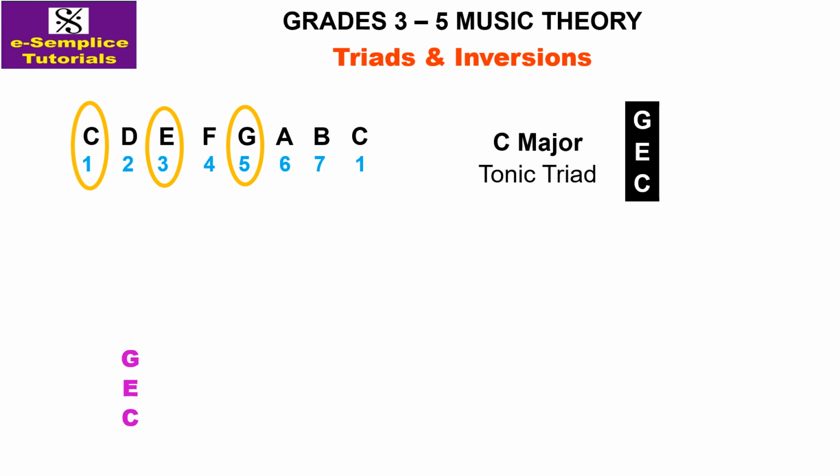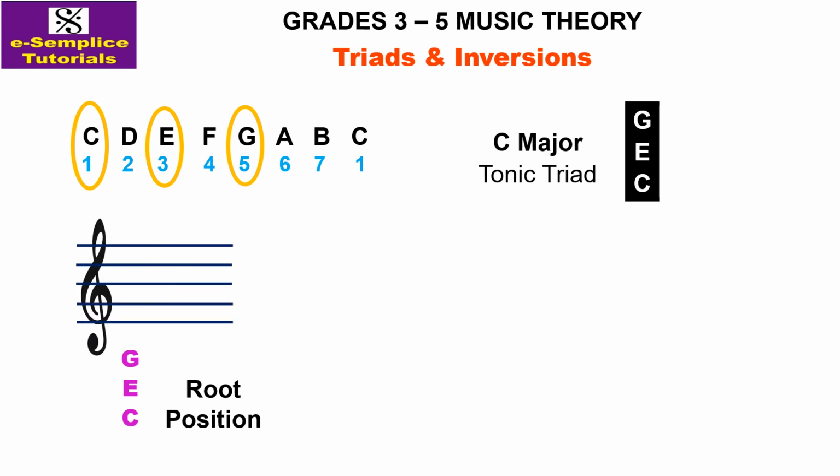Now, C, E, G, when it is that, it is root position. When C, the root, is at the bottom of the triad, it is root position. Let's put this on the staff.